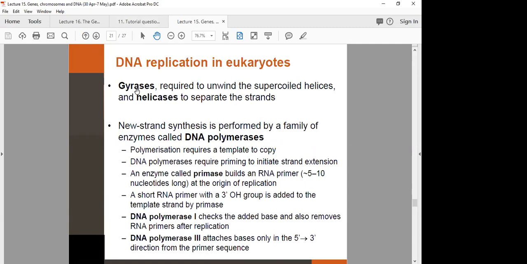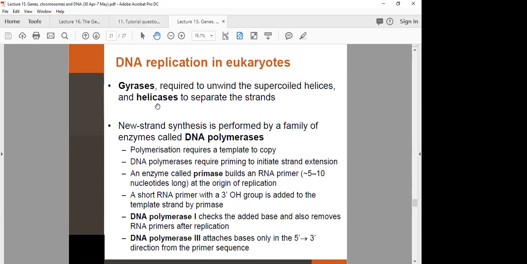Then we need to split those 2 strands of DNA apart, because the enzyme that comes in and starts making the complementary strands of DNA can't work on that double-stranded DNA when they're joined together by hydrogen bonds.